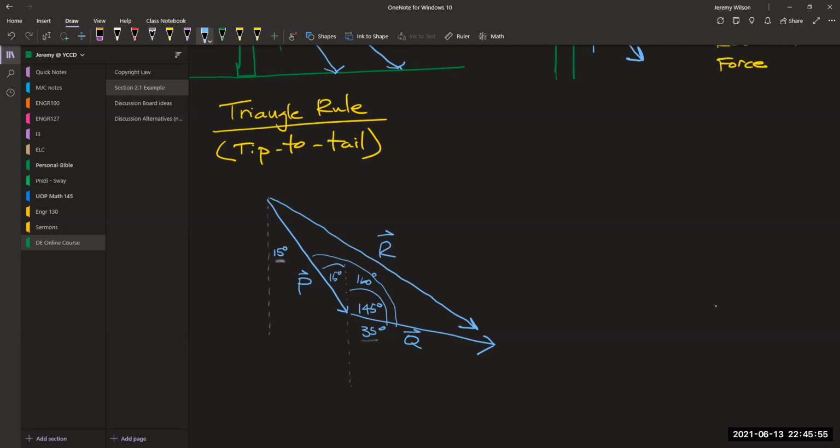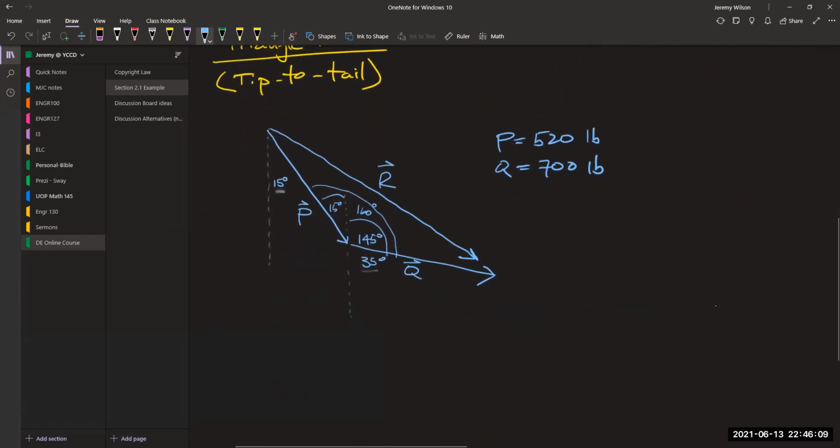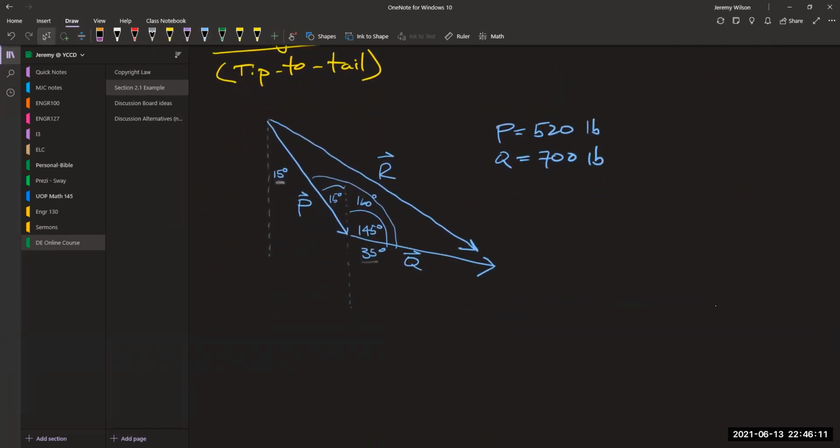I, of course, know that, again to reiterate, the force of P is equal to 520. The force of Q is 700. Just double check those. Yes. Okay, now what we need to solve for next is, well, if you didn't know what to do, let's analyze and see what we do know.